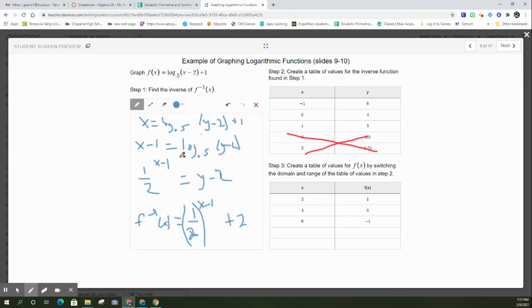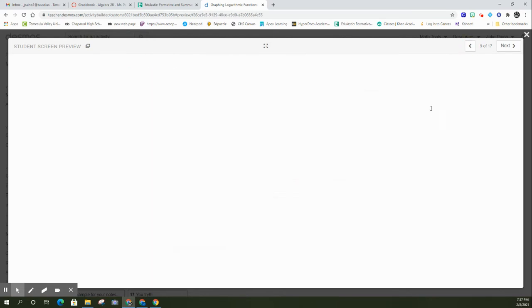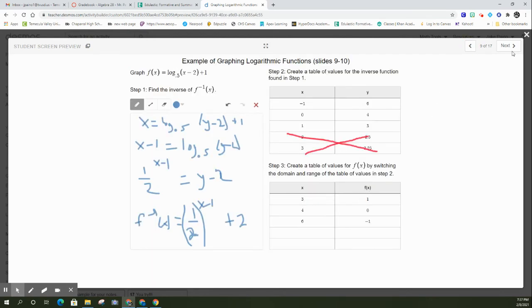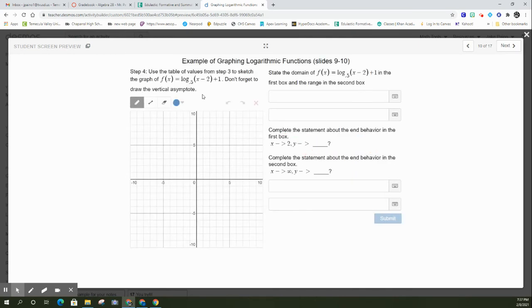Now I should be able to graph this. If I plot those points, I should be able to graph. So let's first draw my vertical asymptote, which is at x equals 2.